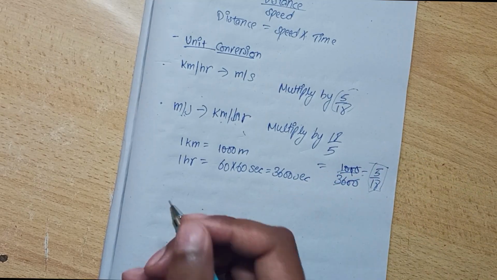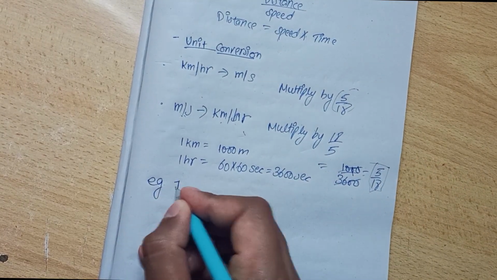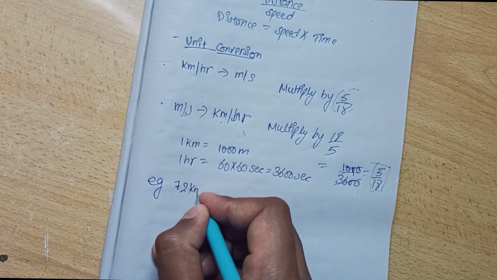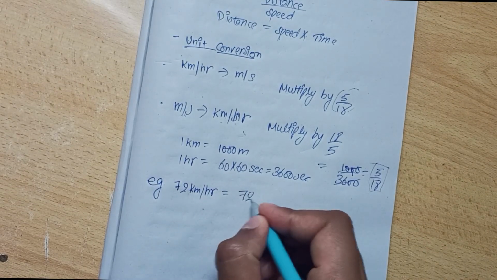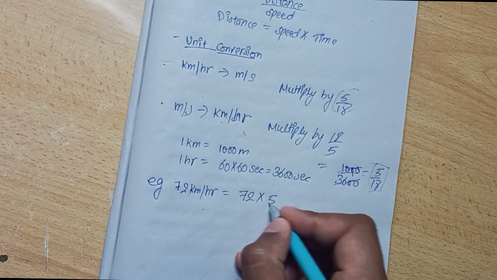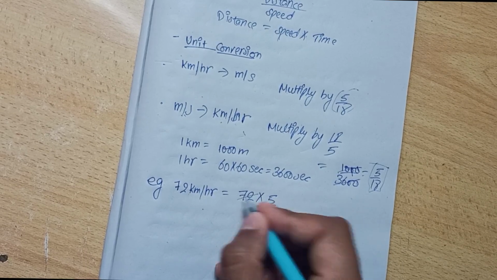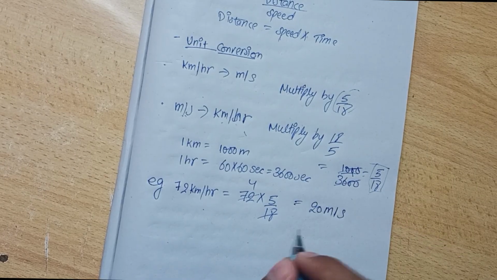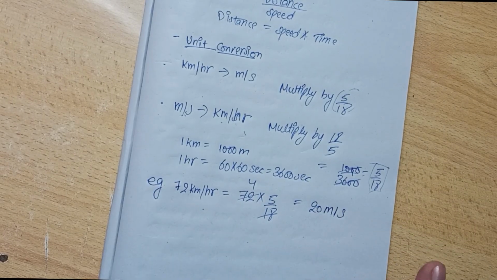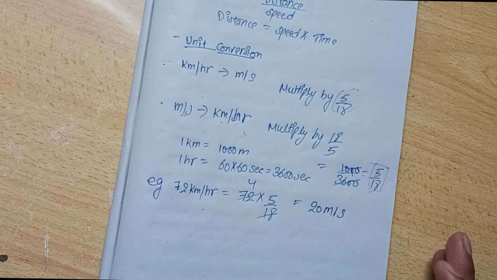For example, suppose given is 72 kilometer per hour, and we need to convert into meter per second. So we directly multiply with 5 by 18, and it directly cuts with 4, and the answer is 20 meter per second. So this is a simple conversion which is required while solving the problems.